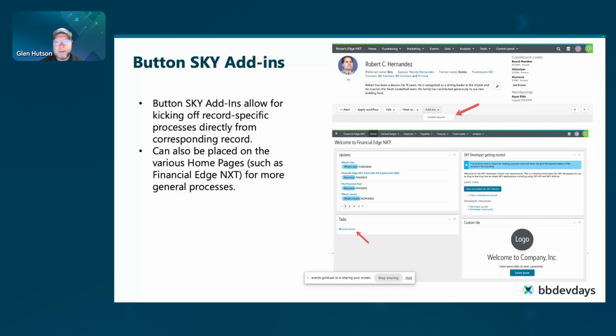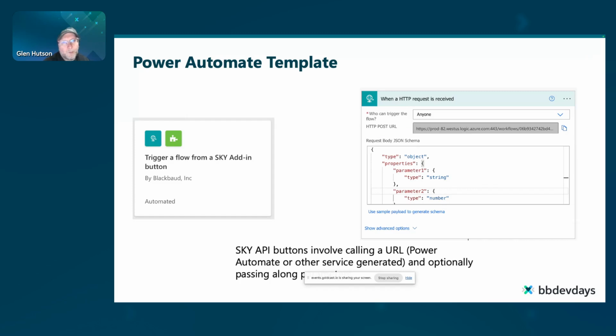Now, what's really happening behind the scenes when you actually click on that button Sky add-in, whether it be from a constituent record or from the home page, is basically doing an API call that is actually kicking off another process behind the scenes. And we actually have a number of Power Automate templates. I will be talking about Power Automate a little bit through the discussion today. And of course, everything I talk about can be done by direct API calls and what have you.